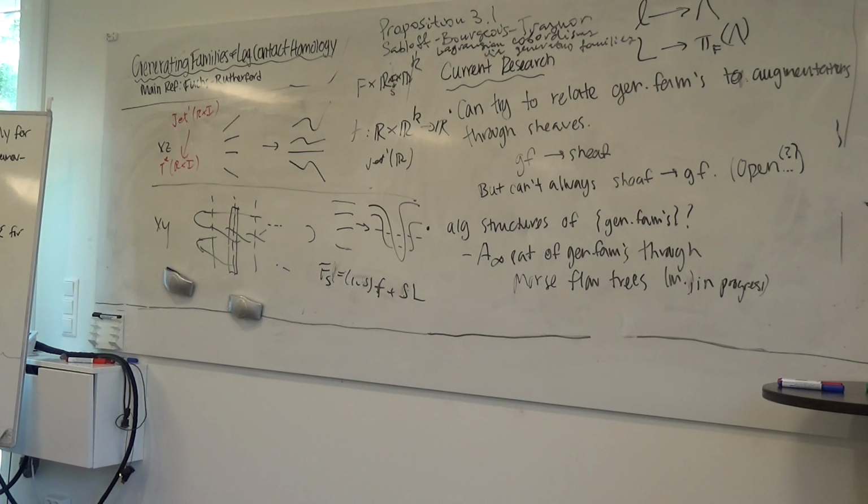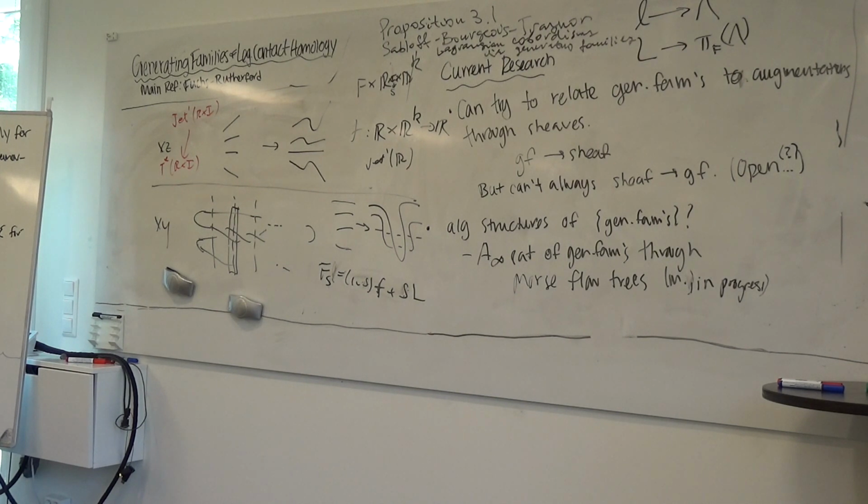But what is true is that any known invariant that anyone has ever made out of a generating family factors through the sheaf. There's other information in generating families that we don't know how to extract. Is that true for pseudo-isotopy invariants? No, not these ones.